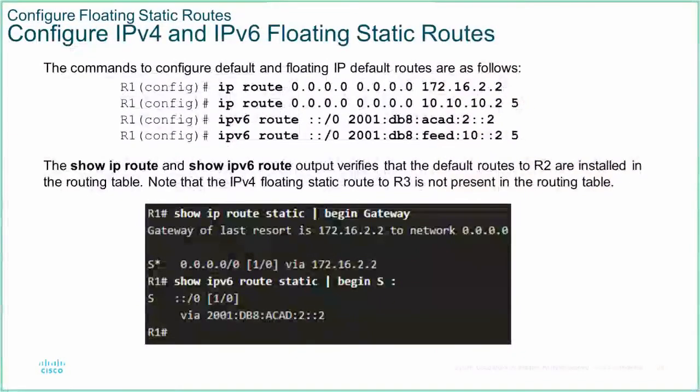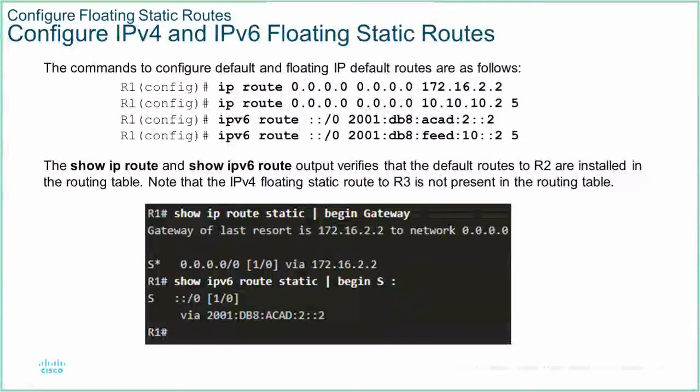So here we put in our first primary, IP route quad 0, 2.2, and as we don't specify administrative distance, it'll go in as 1. Second line here, IP route quad 0, but we're pointing it to another device, 10.10.10.2, with an administrative distance of 5.